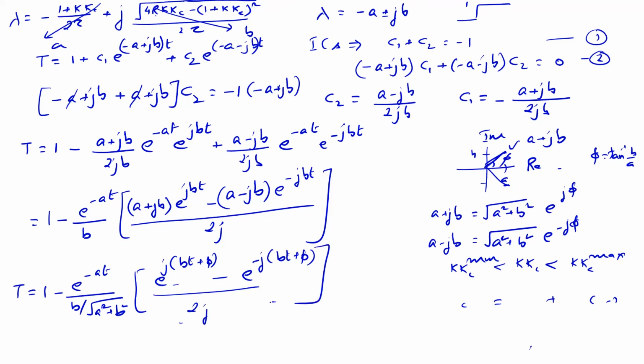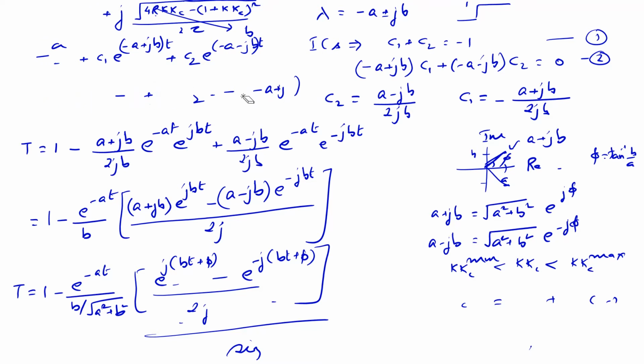And therefore what you get then is, from Euler identity, this is actually sine of bt plus phi, sine of the angle bt plus phi.